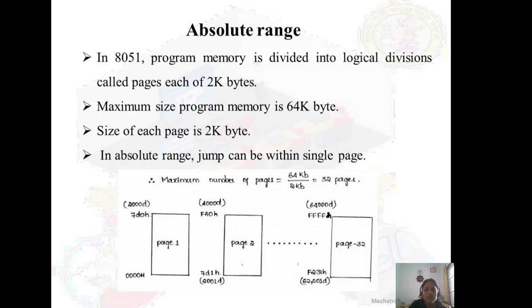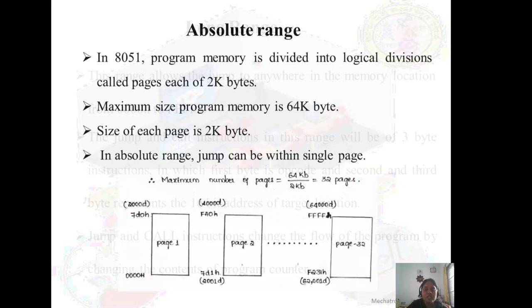The next page is 0800H to 0FFFH, that is 2001D to 4000D. This is in decimal and this is in hexa. Like that, 32 pages will be there in the absolute range.